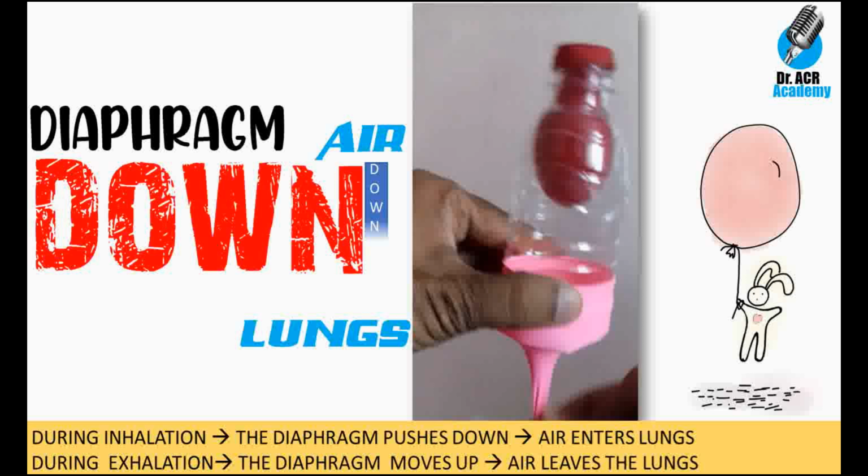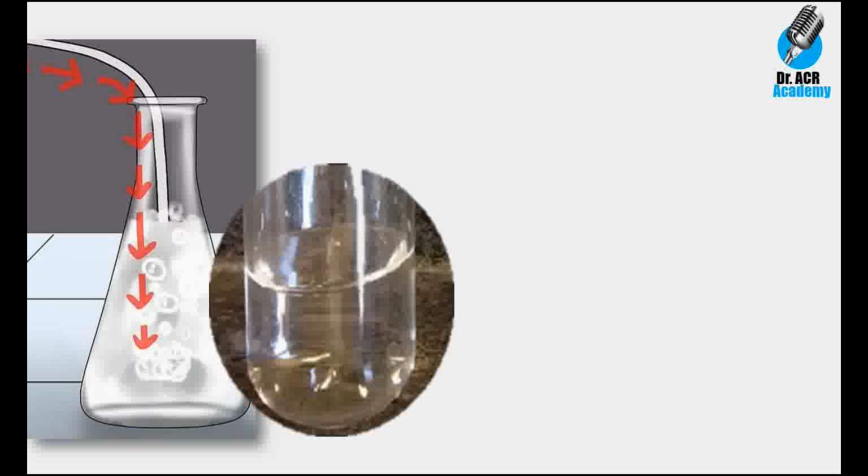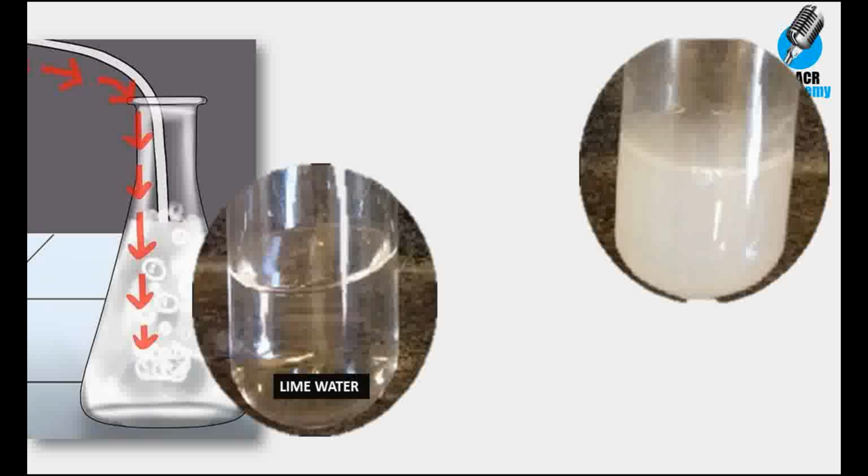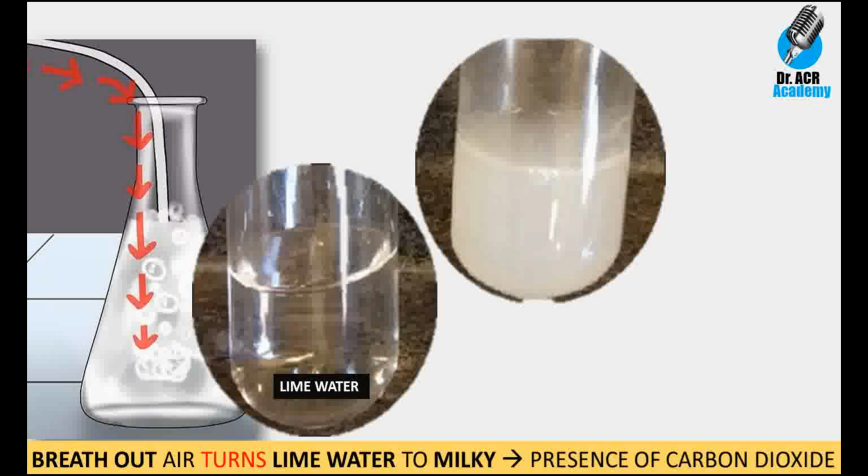Now, look at another important activity to understand the contents of breathed out air. With the help of a straw, blow out air into a test tube containing freshly prepared lime water and observe the changes. Here, the lime water turns milky, indicating the presence of carbon dioxide in the breathed out air.